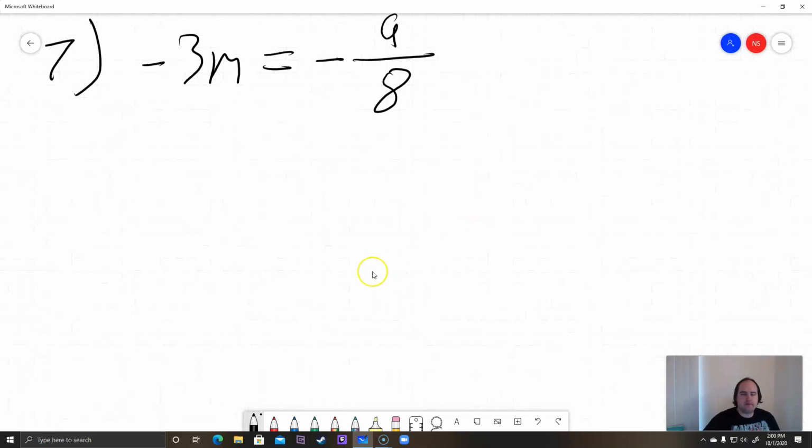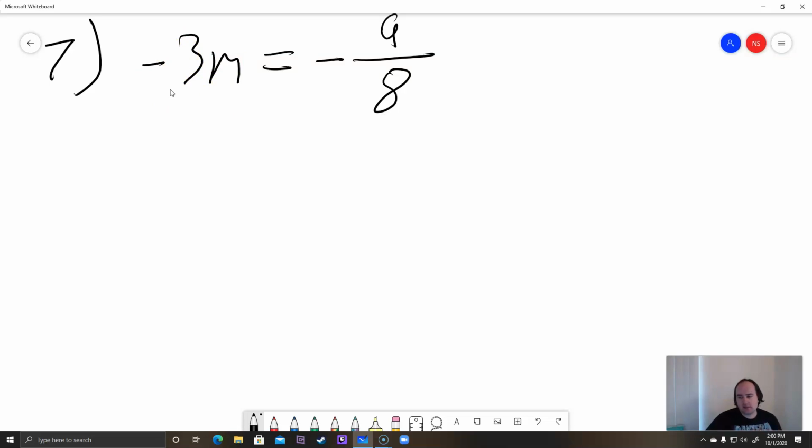So this one is pretty similar to the last problem. It's just that there's a special trick that you might not know about, so that's what I'm going to cover here. On the left side, we're trying to get rid of the negative 3 so that we can isolate m. But notice that this isn't a fraction. If it's not a fraction, what's the denominator?